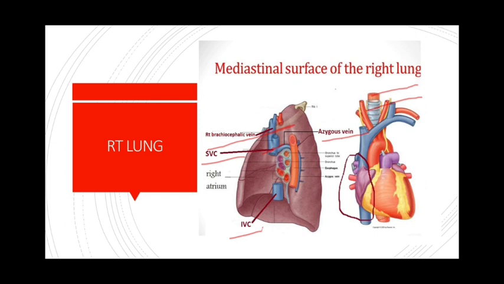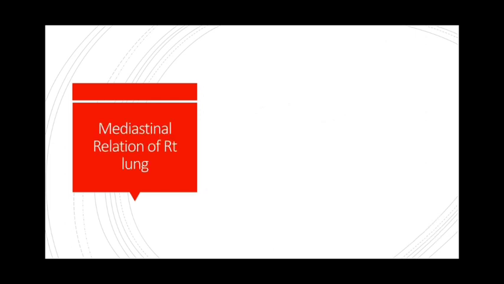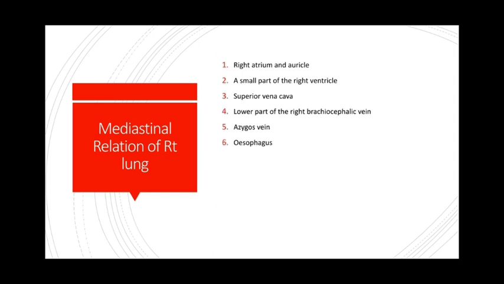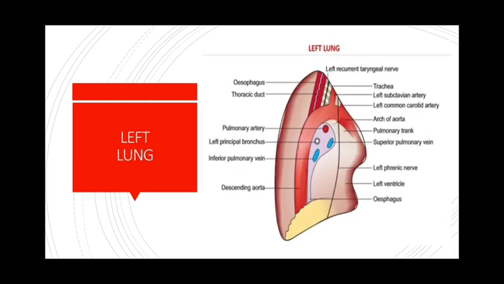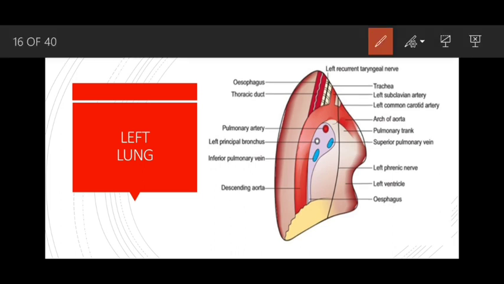And the mediastinal surface of the left lung. The left lung has the left ventricle, left auricle, infundibulum and an adjoining part of the right ventricle, pulmonary trunk, right?